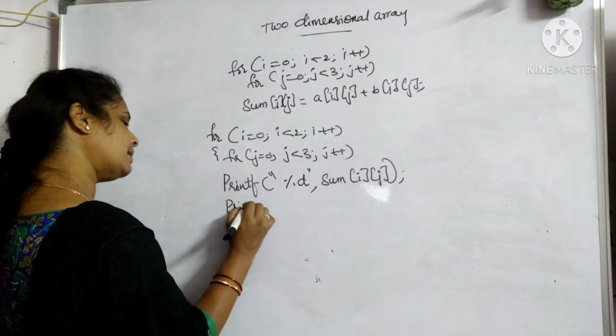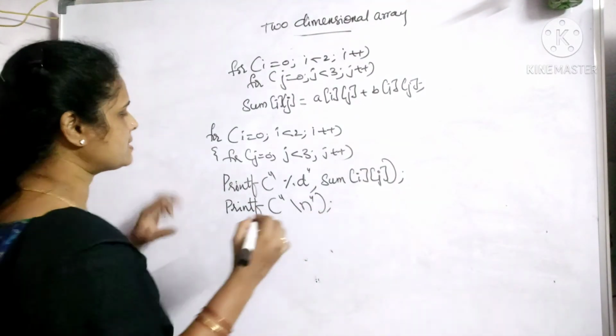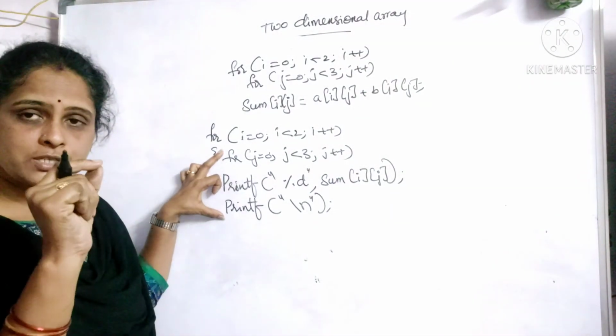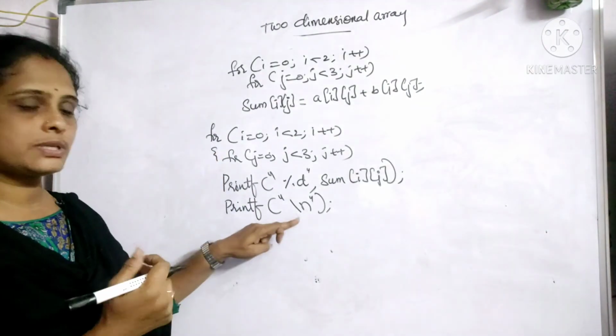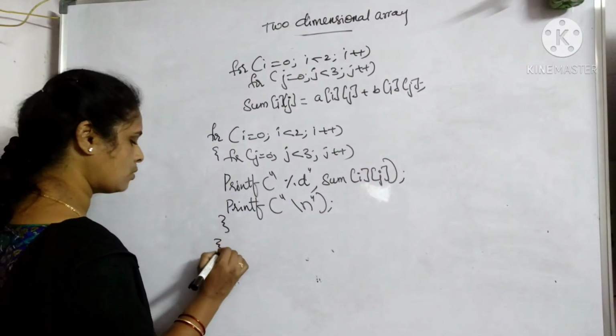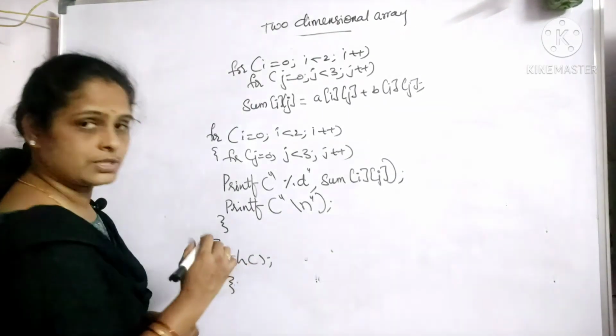So here I'll write a printf backslash n. With this what happens is, after the completion of the first row, it comes to the next line, then it goes to the next iteration. So this is how the program will be written for a two-dimensional array.